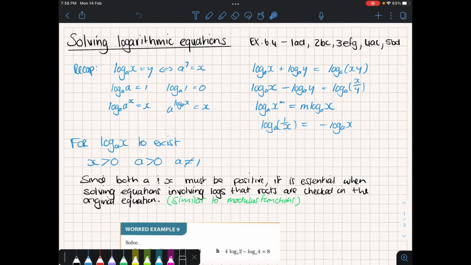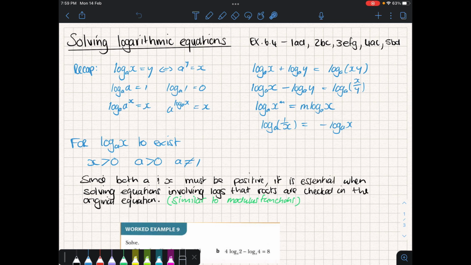Alternatively, we can take the coefficient in the front and write it as an exponent of the value. From the power rule, we got this law where if we have a value of 1 over something, we can write that as minus the log with the value being the numerator.